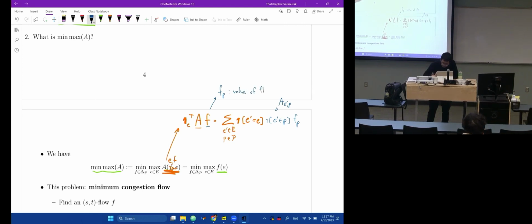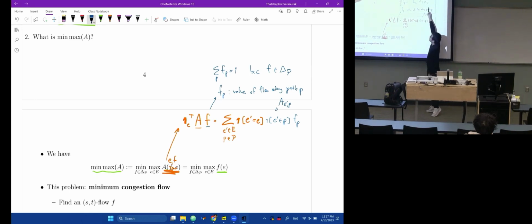Of flow along path P. And you know that the sum over P is 1 because F is a distribution over paths. So the total value over all paths is 1.